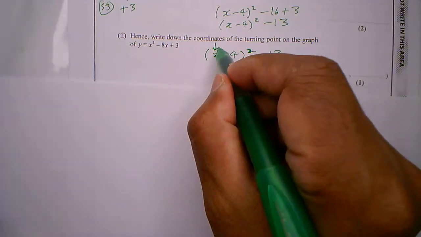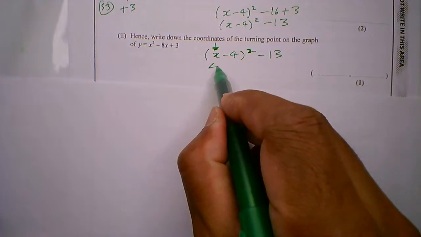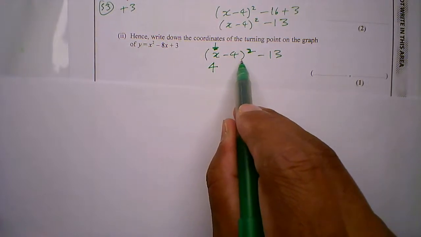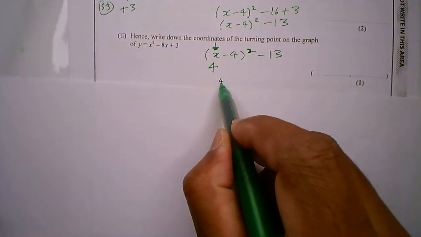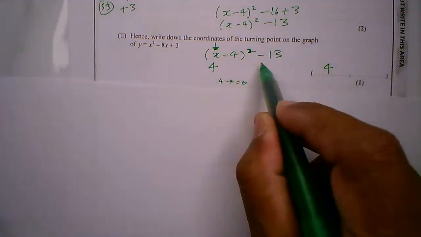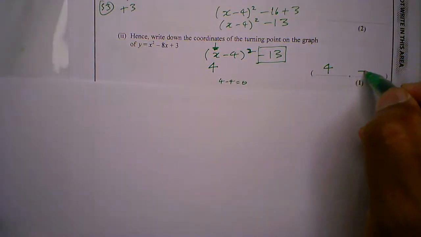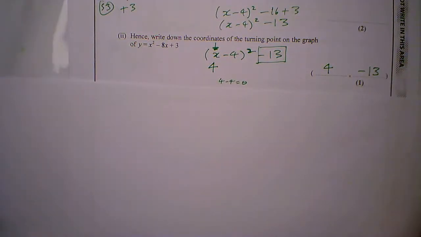So what do I need to do to this bracket to make it equal to 0? It has to be 4. 4 take away 4 gives me 0. So that's my x coordinate, 4. And this is my y coordinate. The y coordinate stays the same, so it's minus 13. So nice, easy marks there.